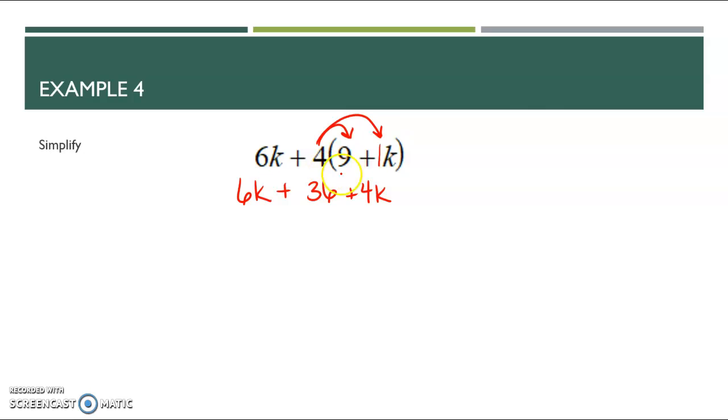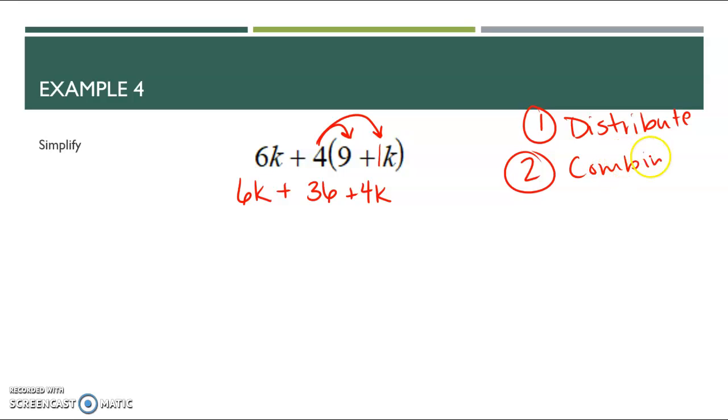Now from here, that was the first step. First step is to distribute. And the second step is to combine like terms, which from here on out, if I talk about combining like terms, you'll see me write it as CLT, combine like terms.